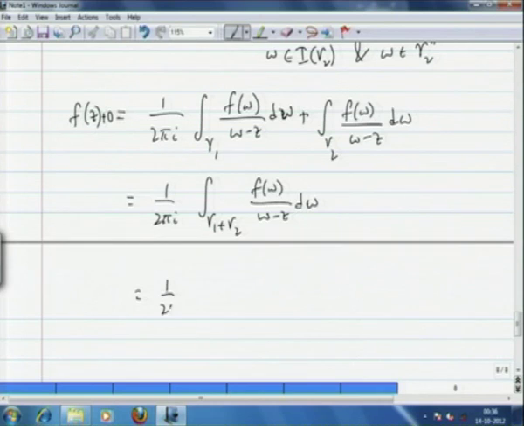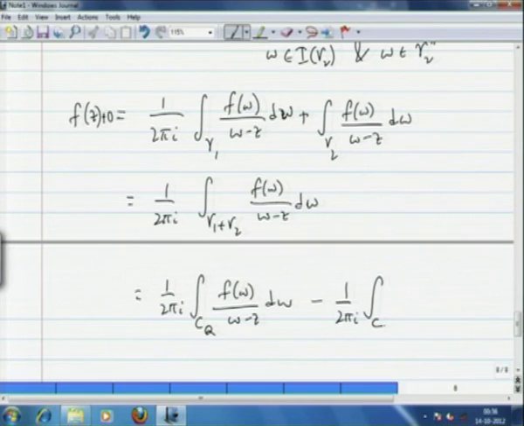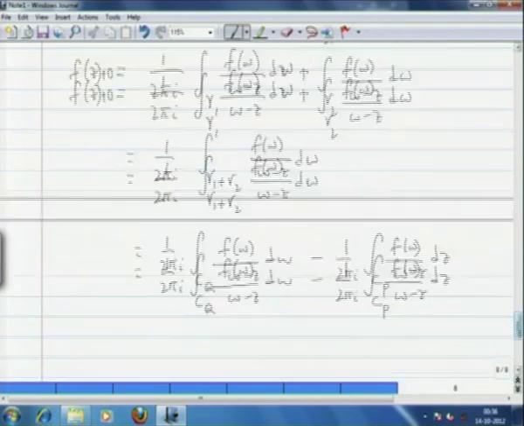So this is equal to 1 by 2 pi i integration on C q of f of w by w minus z dw, minus 1 by 2 pi i integration on C p of f of w by w minus z dw.